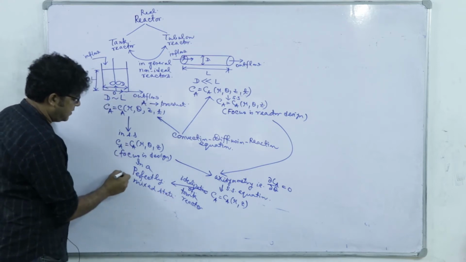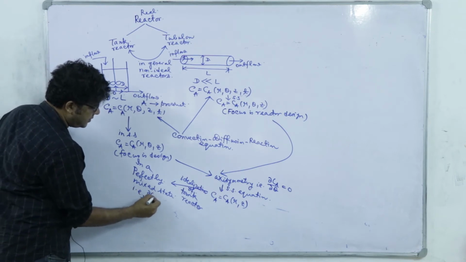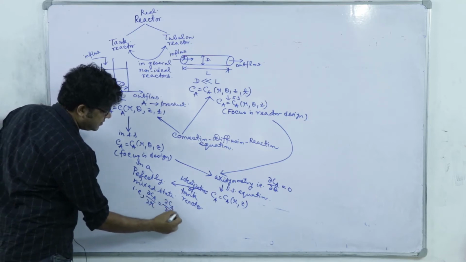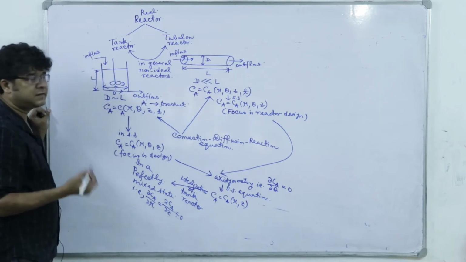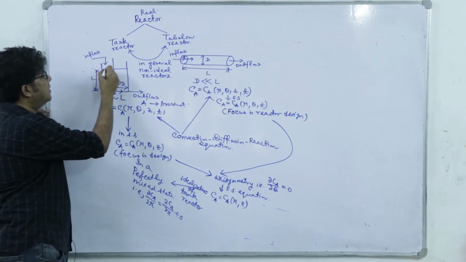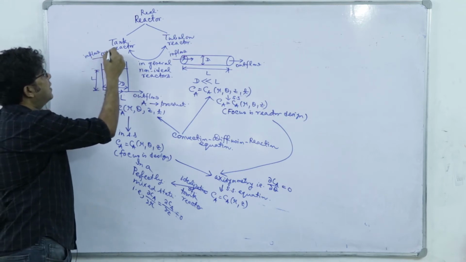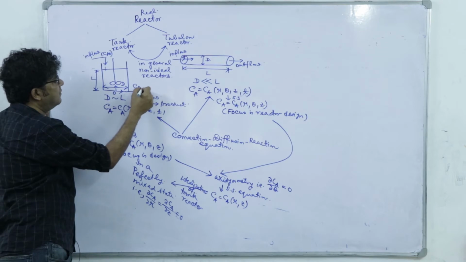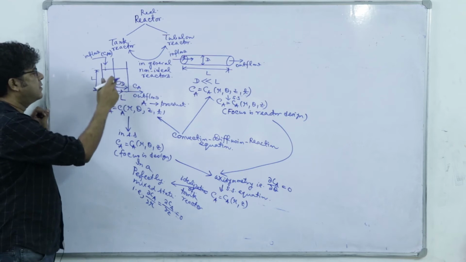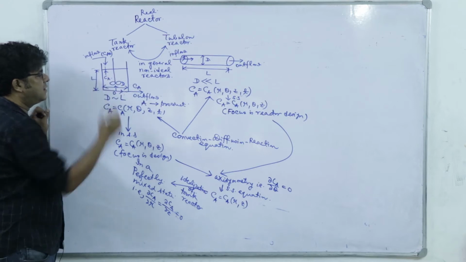So, if it is perfectly mixed, that is, del Ca del r and del Ca del z become 0. There is no variation of concentration with space coordinate. Now, obviously one may ask that here where we have the inflow, this concentration, let us say Ca naught, and the outlet concentration is Ca, right. So, everywhere if I think it is the same, then definitely it must be equal to Ca even at the inlet point, right.